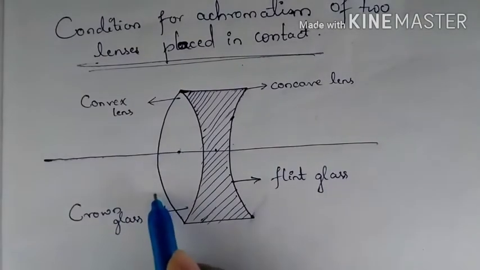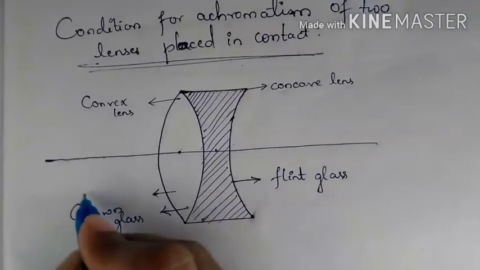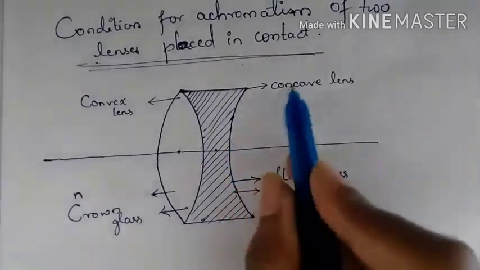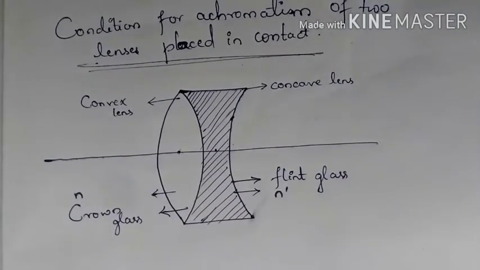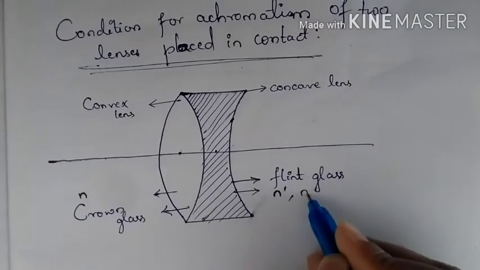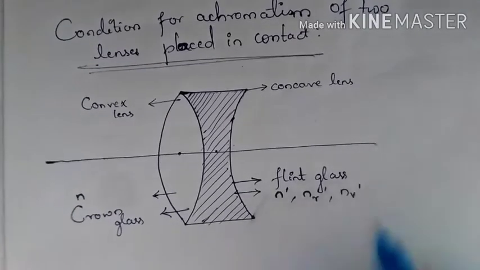So let the refractive index for the convex lens be n and the refractive index for the concave lens be n prime. Here you will have the refractive index for the red ray as well as the violet ray.